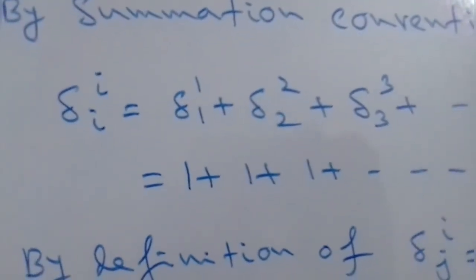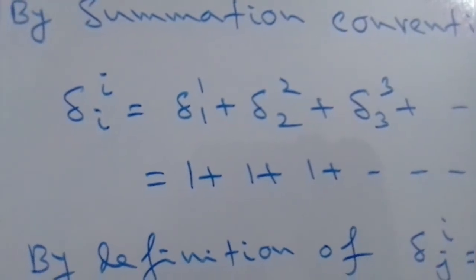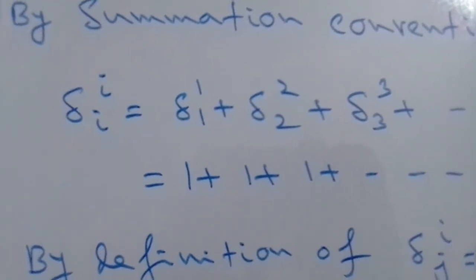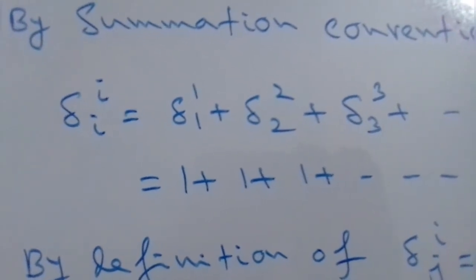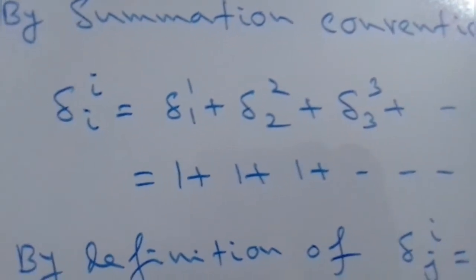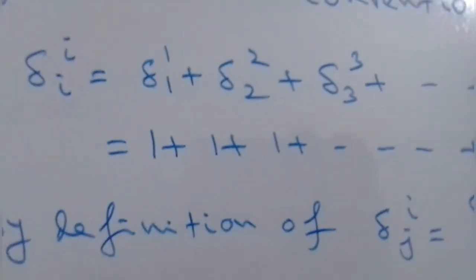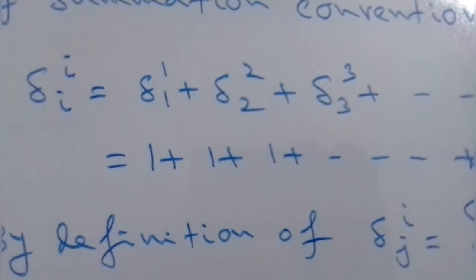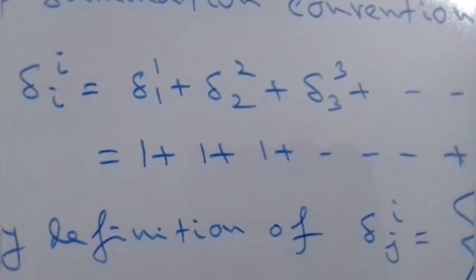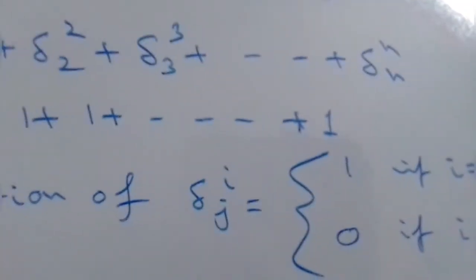So by the summation convention, for delta ii, i runs from 1 up to n, and we can write it as delta 1 1 for i equal to 1, plus delta 2 2 for i equal to 2, plus delta 3 3 for i equal to 3, and in this way for i equal to n, delta n n.